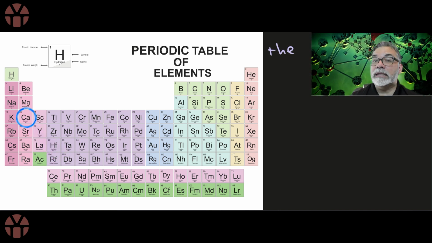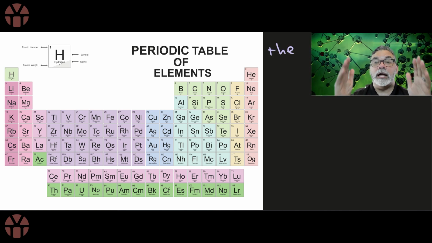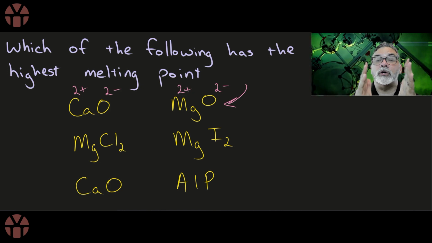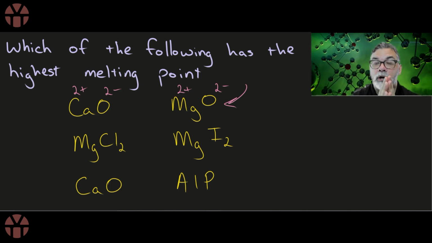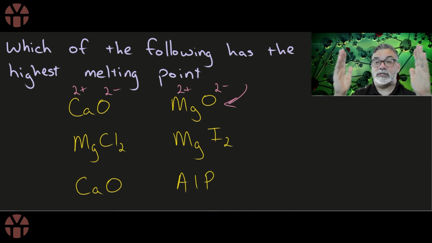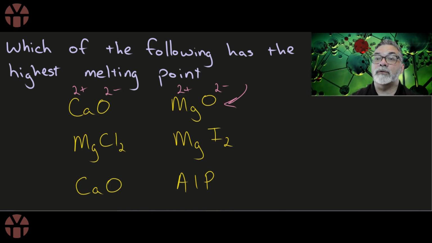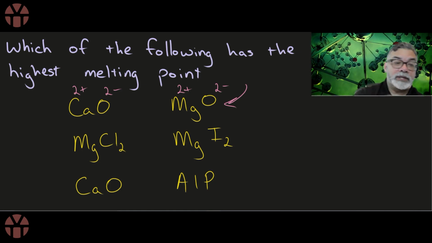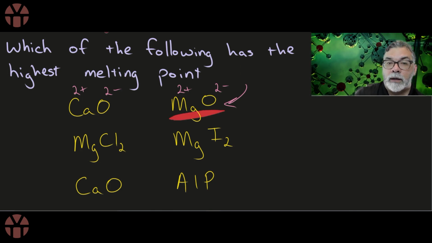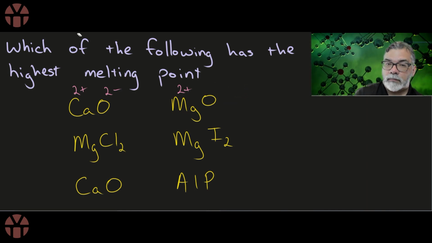So magnesium will be the smaller ion, and because it's the smaller ion, it will be closer and therefore exert a stronger magnetic force or a stronger magnetic field. Whereas the calcium, just as positive, just as negative, but because it's bigger, they're now further apart, and so the magnetic field is slightly weaker. So in the case of CaO and MgO, our winner is going to be the magnesium oxide. This is going to be the one with the higher melting point.